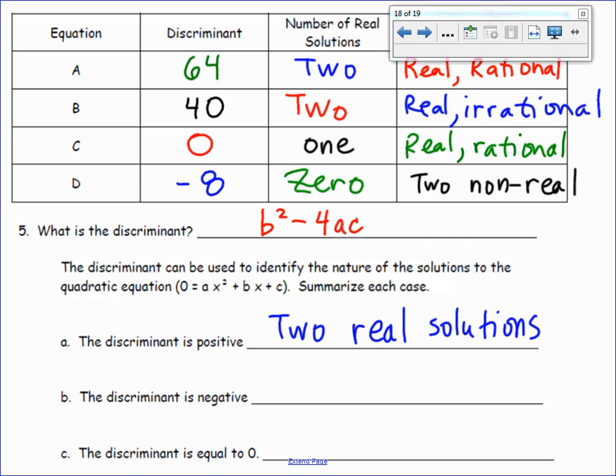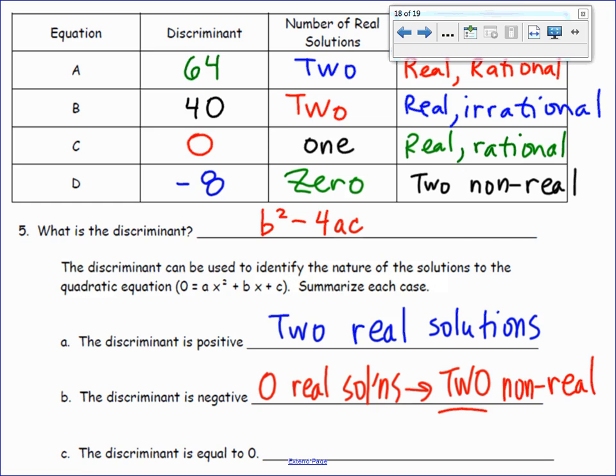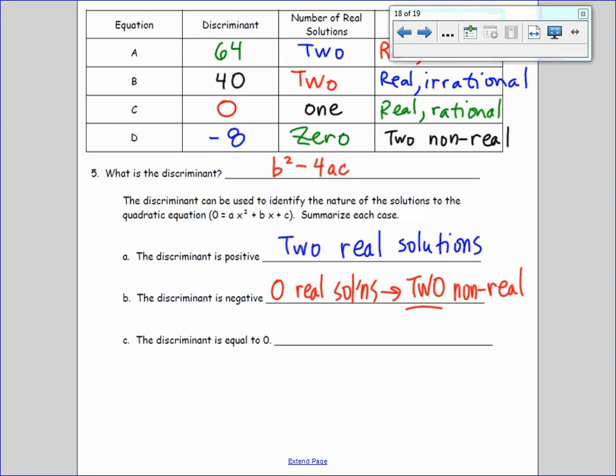If my discriminant is negative, there are 0 real solutions, but there are 2 non-real solutions. And lastly, if the discriminant is equal to 0, that's a special case with 1 real rational solution.